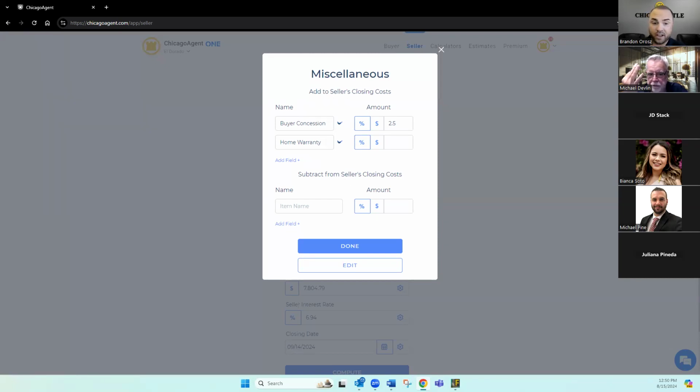There might be HOA, loan origination fees, title search fees. A loan origination fee is probably not a seller cost. And title search is probably built into the title insurance. What about appraisals? Appraisal is a buyer cost.